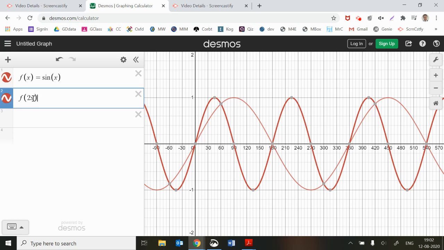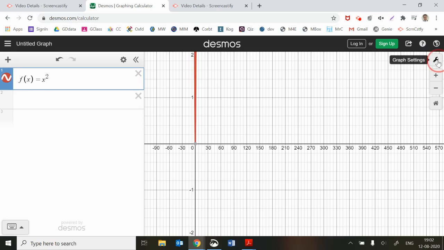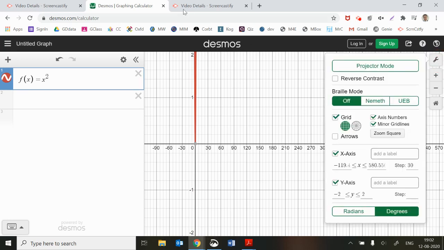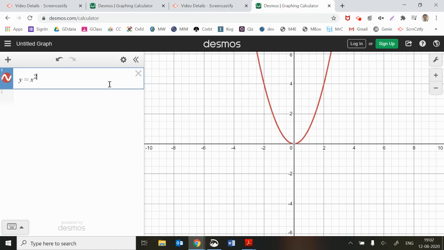Now, the reason why I didn't use x squared there is because if I said x squared was my original function, there we go. Oh, I need to go back to my original axes now. Tell you what, let's just add a new one, it's just much easier. Okay, so if I say y equals x squared, this is my original function.